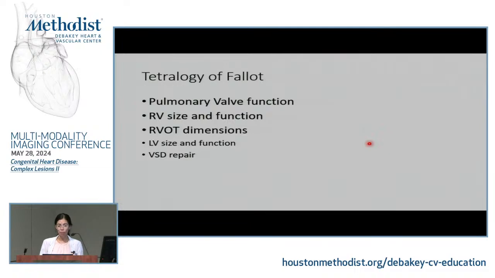Do we correct the pulmonary regurgitation at any level of RV enlargement like we do with shunts? Let's say I have an asymptomatic patient with severe pulmonary regurgitation, mild right ventricular dilation, and normal RV function.